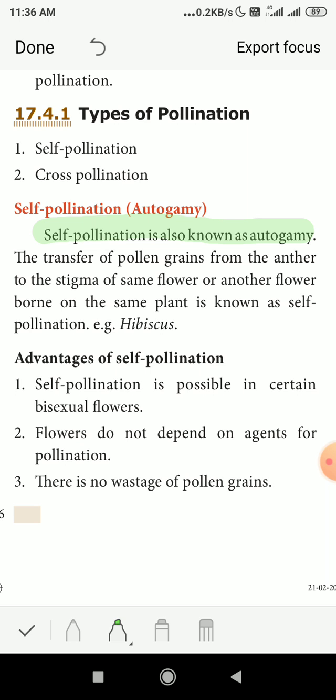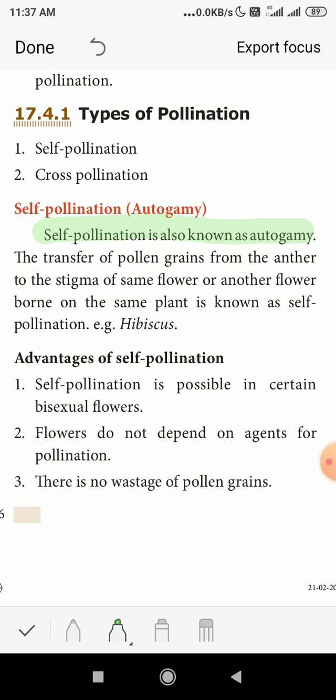Advantages of self pollination: Self pollination is possible in certain bisexual flowers. Bisexual flowers have both male and female parts in the same flower. Flowers do not depend on agents for pollination. There is no wastage of pollen grains.